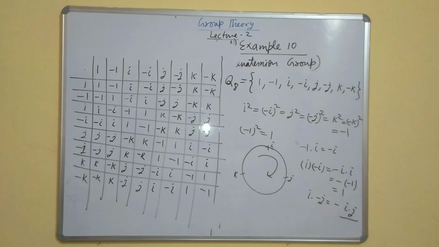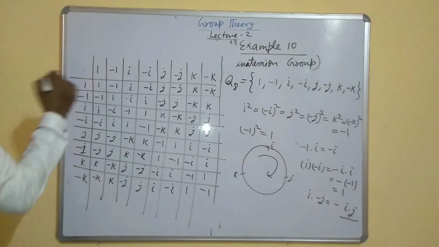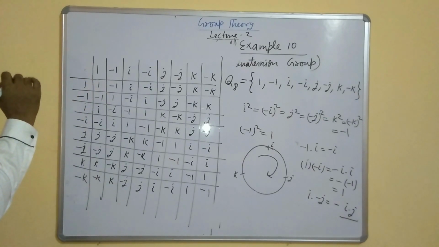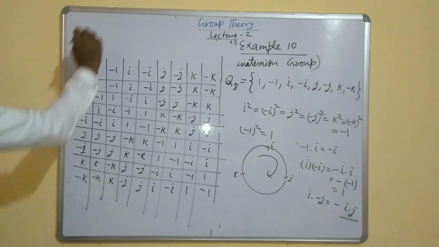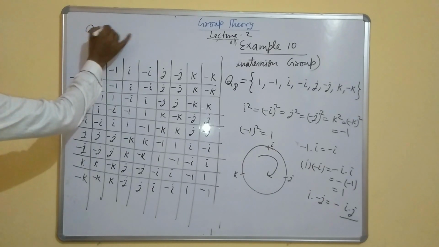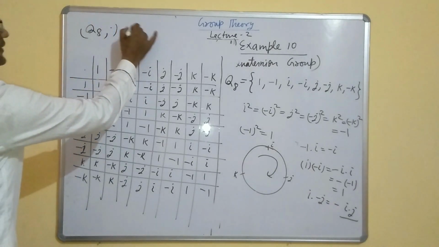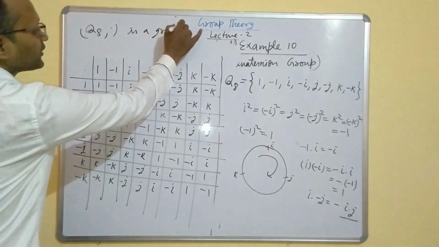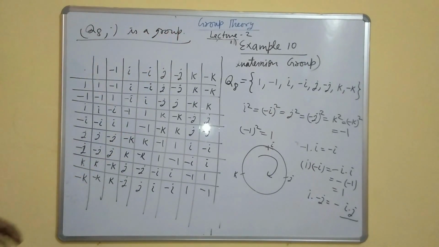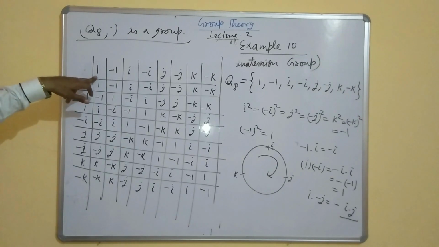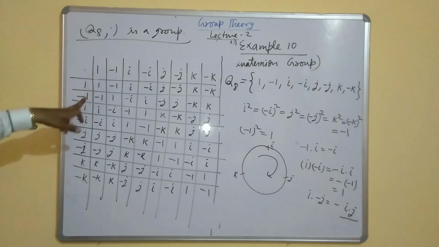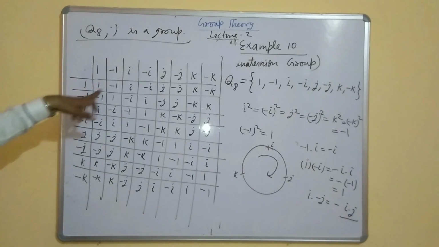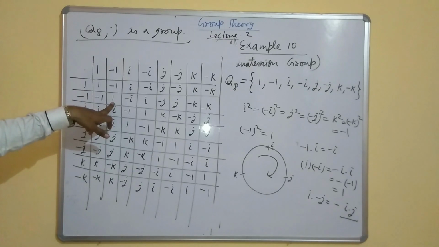So we can multiply any two elements of Q8, and now I am leaving it as an exercise to show that Q8 with respect to this multiplication is a group. This operation is actually associative, you can check it, and 1 will work as the identity element. Inverse of minus 1 is minus 1 because minus 1 into minus 1 is 1.